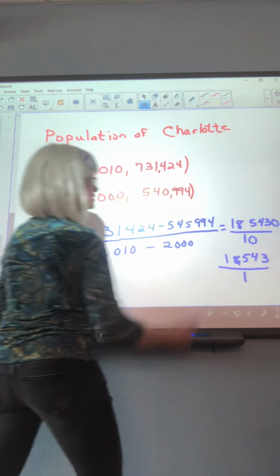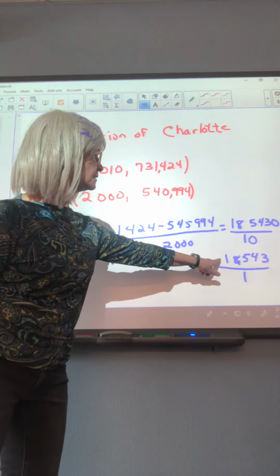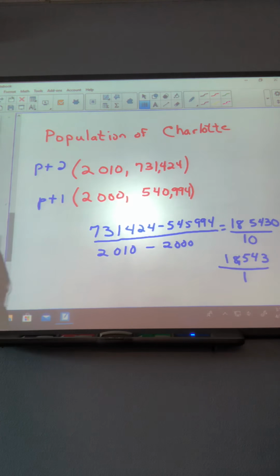So 18,543 people per year, an increase every year from 2000 to 2010. So every year it's increasing by 18,543.